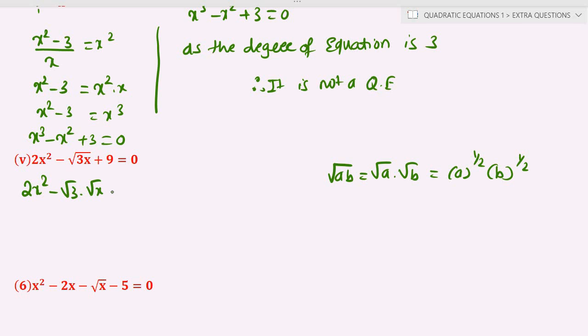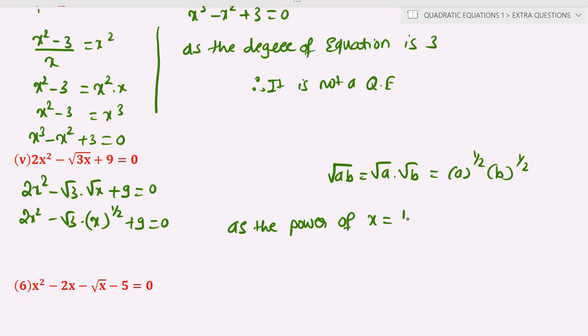This is root 3 into root x plus 9 is equal to 0. 2x square minus root 3, and x is a variable and its power is 1 by 2, plus 9 is equal to 0. As the power of x is 1 by 2, which is not a whole number, therefore it is not a quadratic equation.